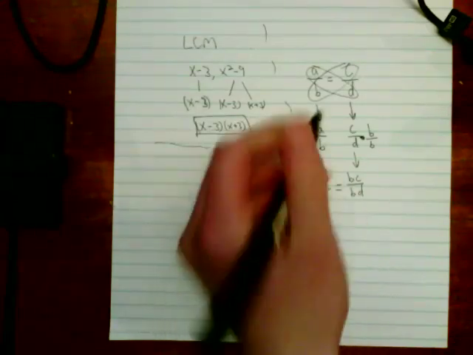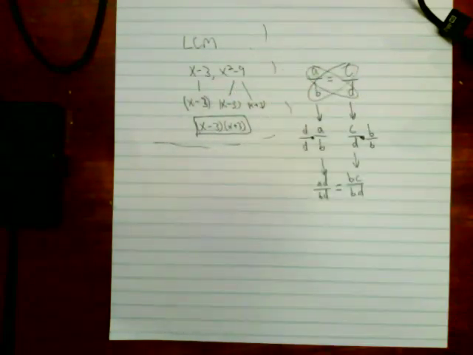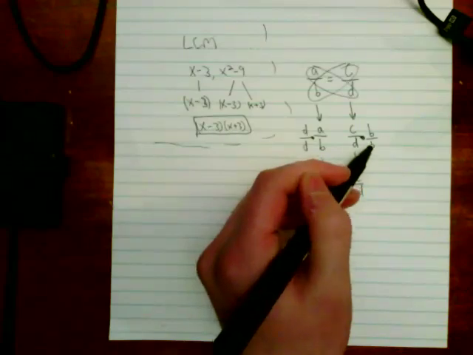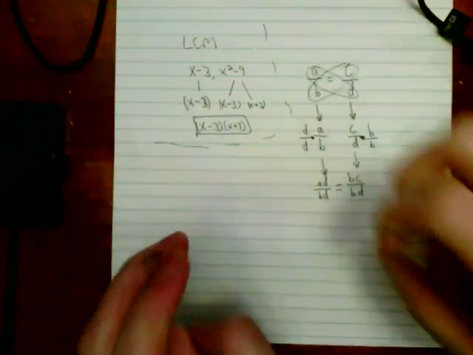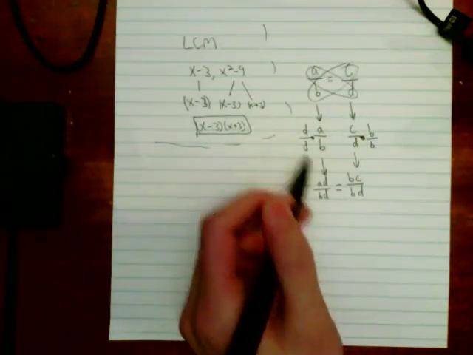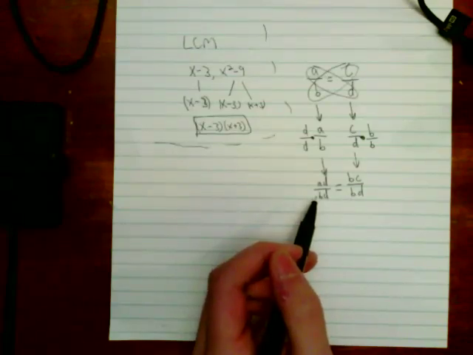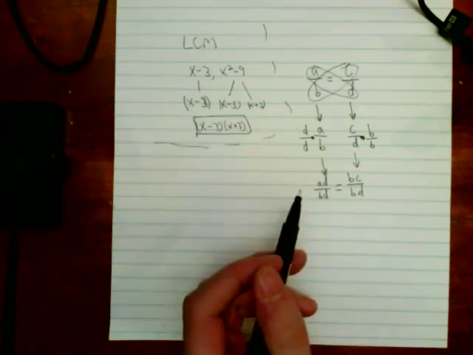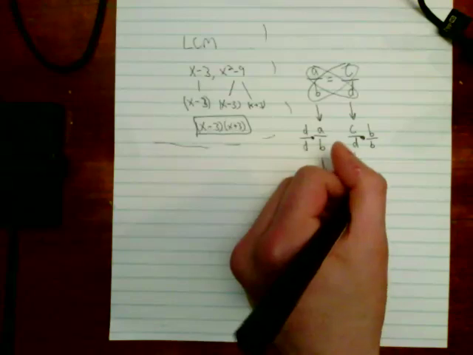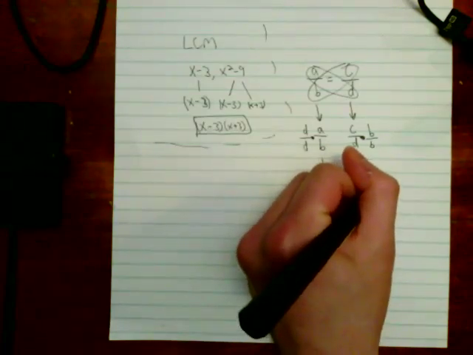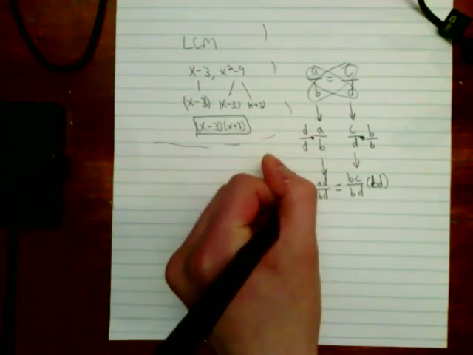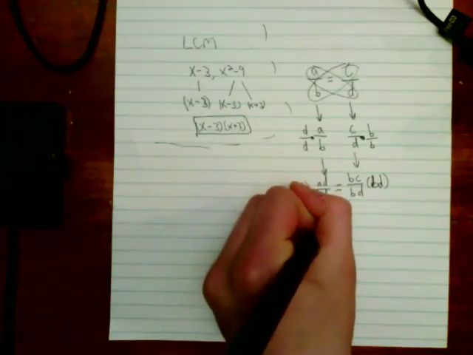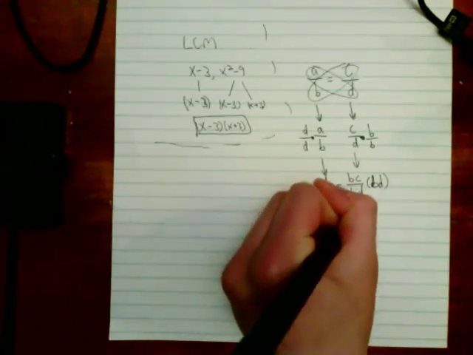And these two fractions are equal to these two fractions, just because they've been multiplied by different ones, because this is 1 and this is 1, their value hasn't changed, but their orientation has. And now these two fractions have the same denominator, so you just multiply by BD on both sides, and you get AD equals BC.